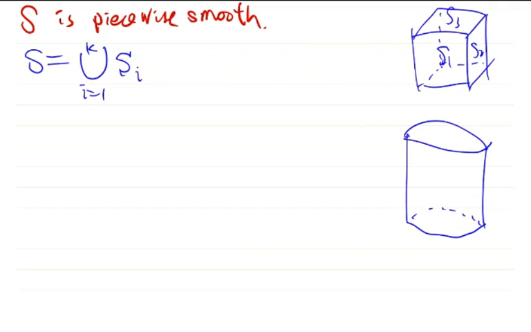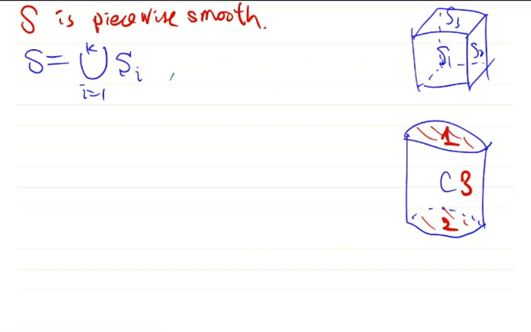And for the cylinder, the boundary has three parts: the bottom, the top, and the curved part. So there are three parts. This is also a piecewise smooth surface. So this is the concept of a piecewise smooth surface.